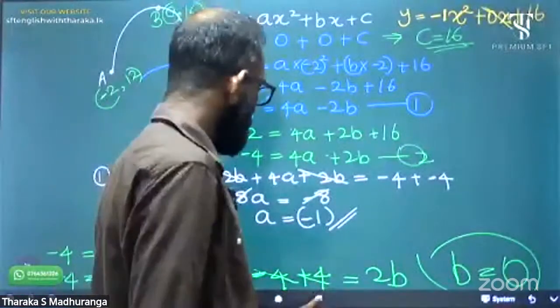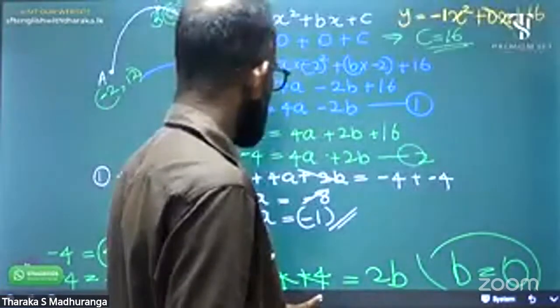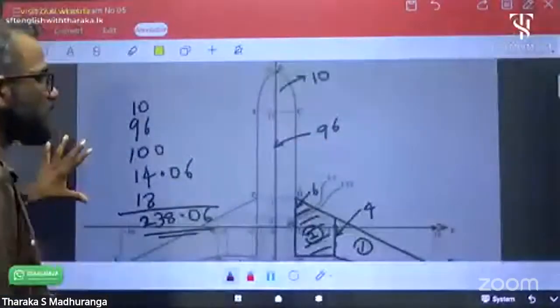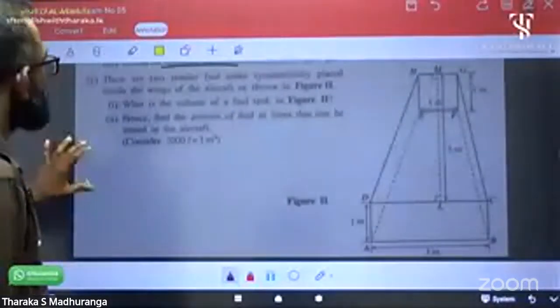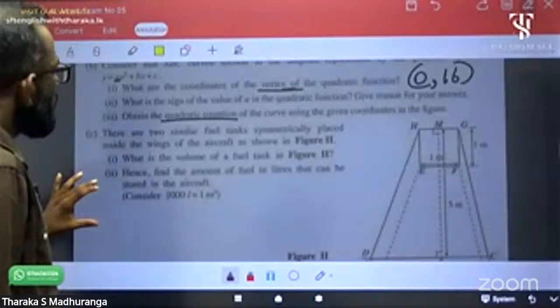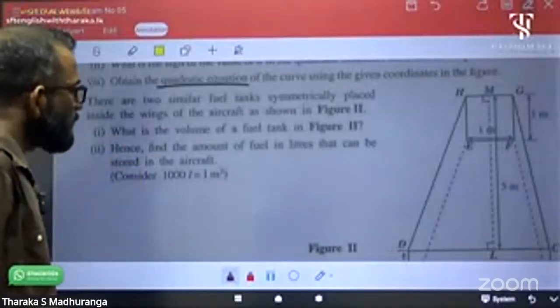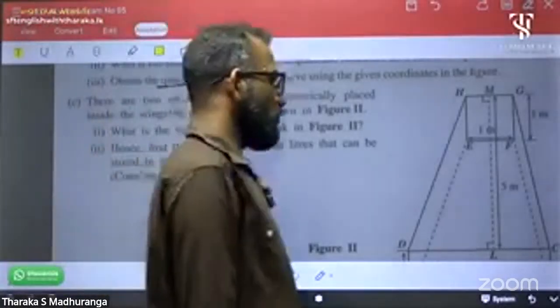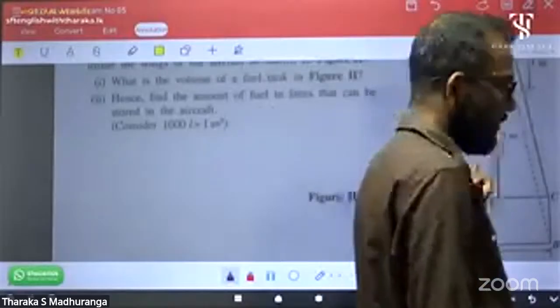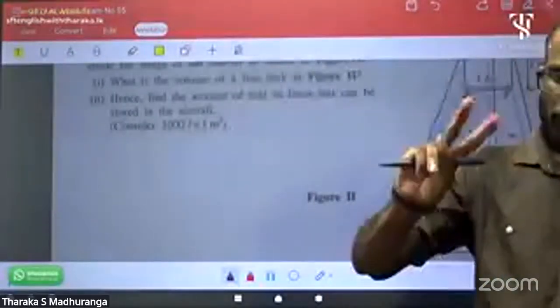Let's move to the C part. There are two similar fuel tanks symmetrically placed inside the wings of the aircraft as shown in figure 2. Two fuel tanks.